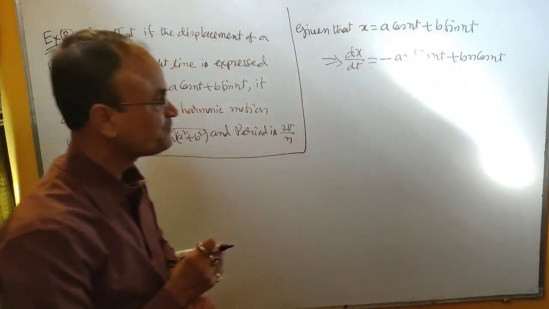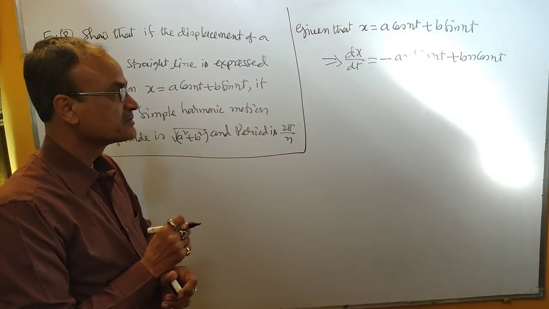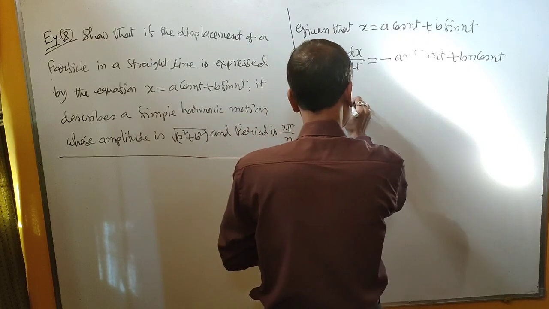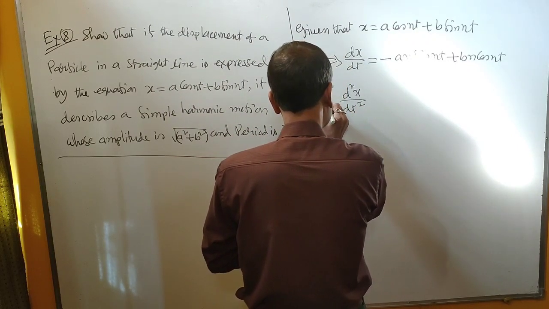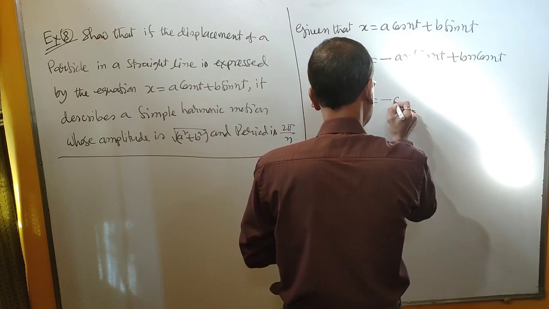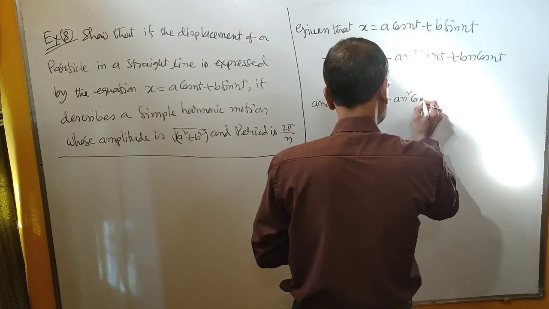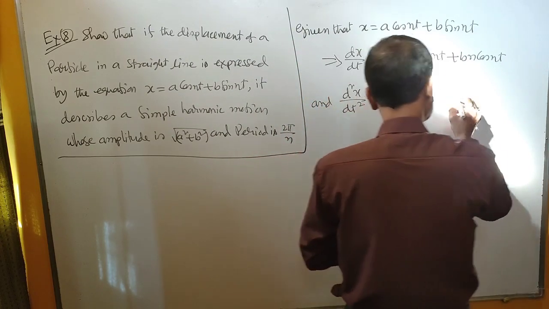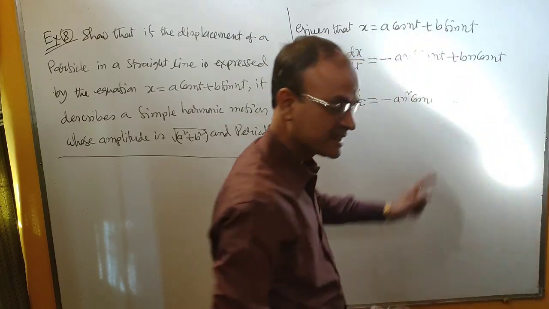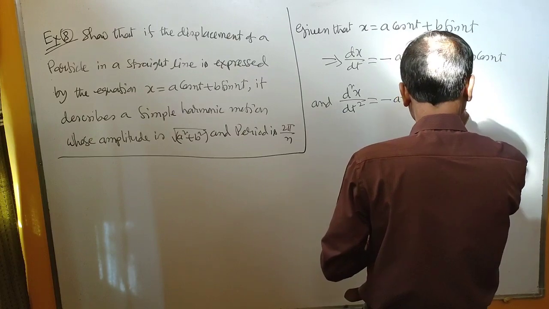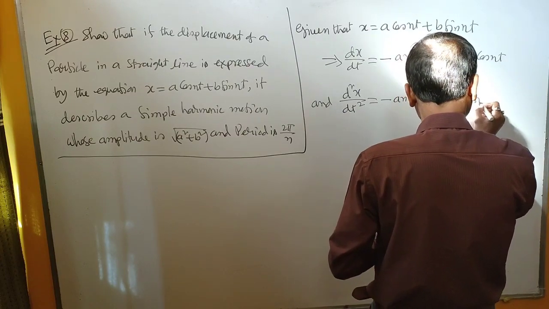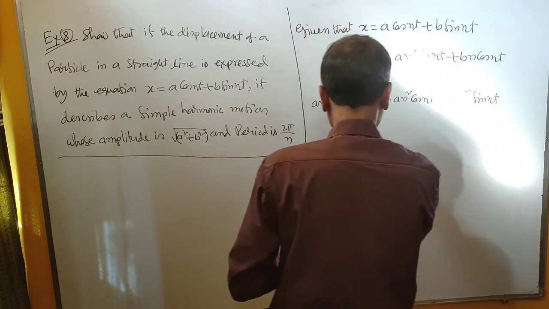Also, differentiating again, d2x by dt square = -an square cos nt - bn square sin nt.